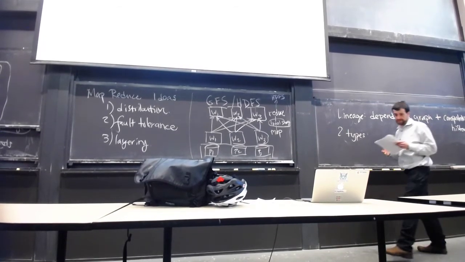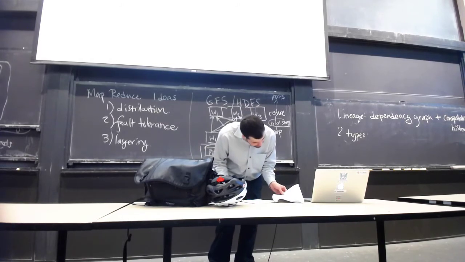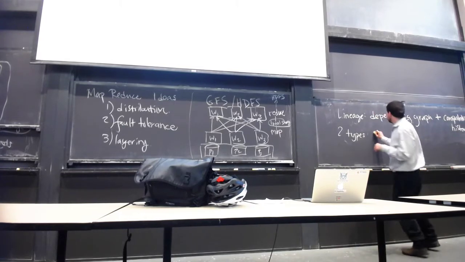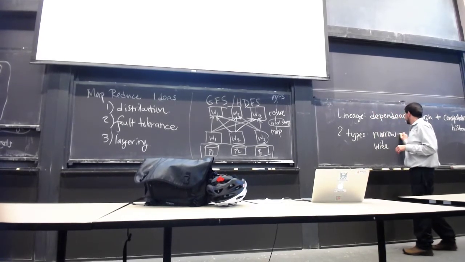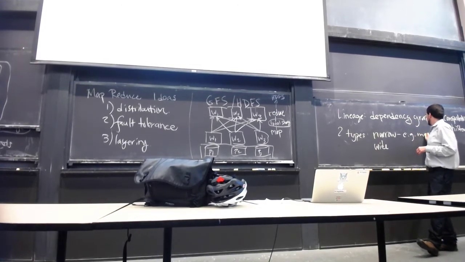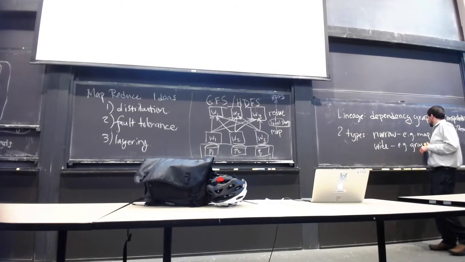I'm now blanking on the word they use. Thin versus fat or something. Narrow and wide, is that right? Yeah, okay. So they talk about narrow and wide lineage. This is, for example, maps, and this is, e.g., group bys.